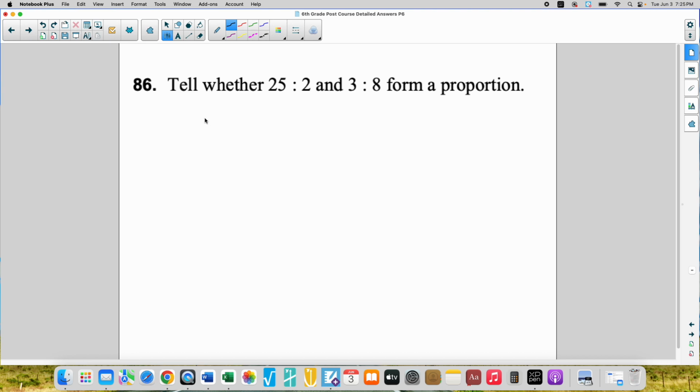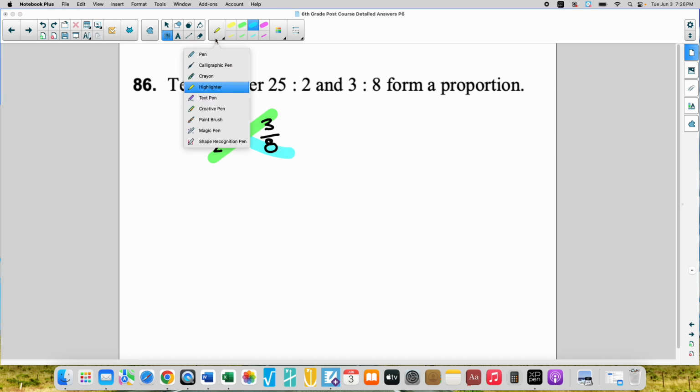Tell whether 25 to 2 and 3 to 8 form a proportion. So 25 over 2, does it equal 3 over 8? And remember, cross products of equivalent fractions will always be the same.